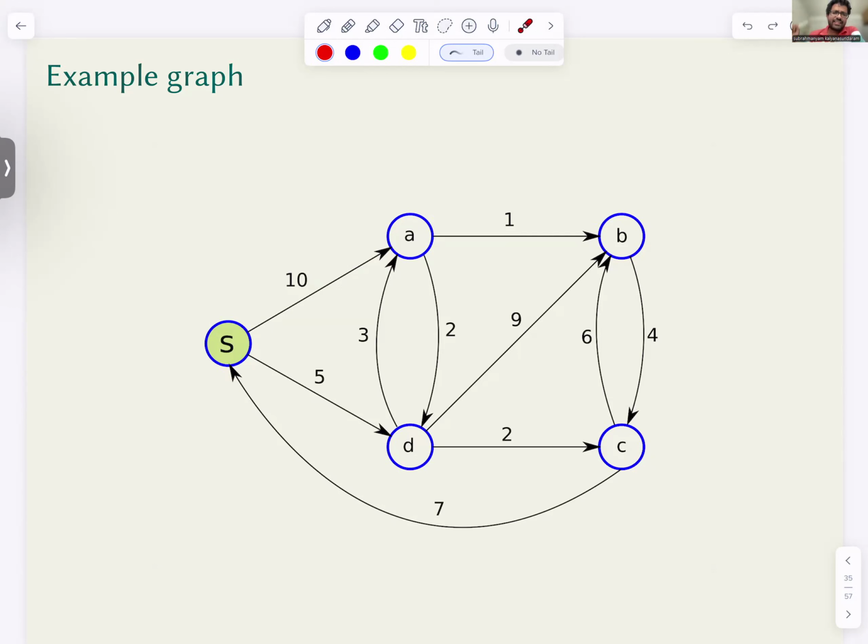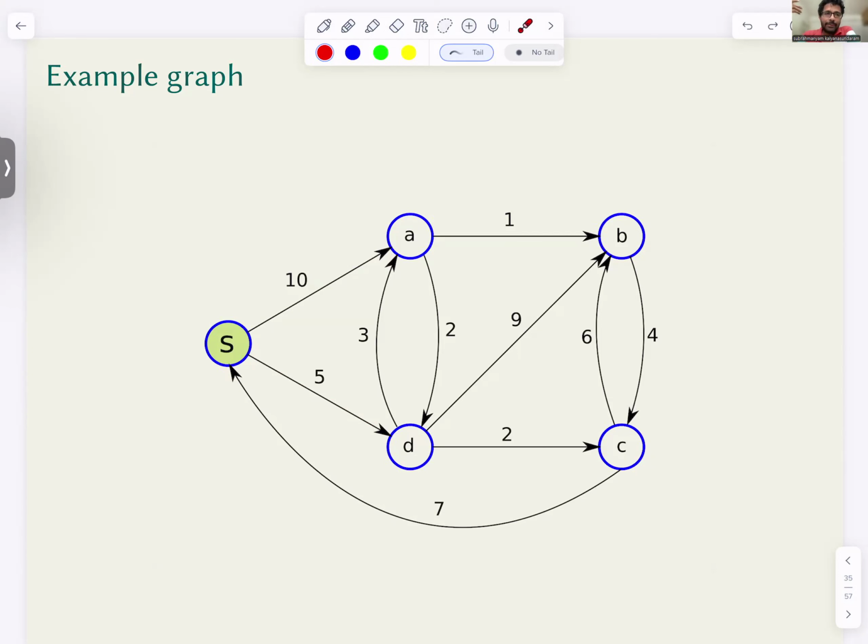Integers is just to keep things simple. It's not a significant condition, but we'll keep it non-negative because we don't want the complications of negative weights. Negative things will bring some other complications. Maybe I'll talk about it tomorrow.